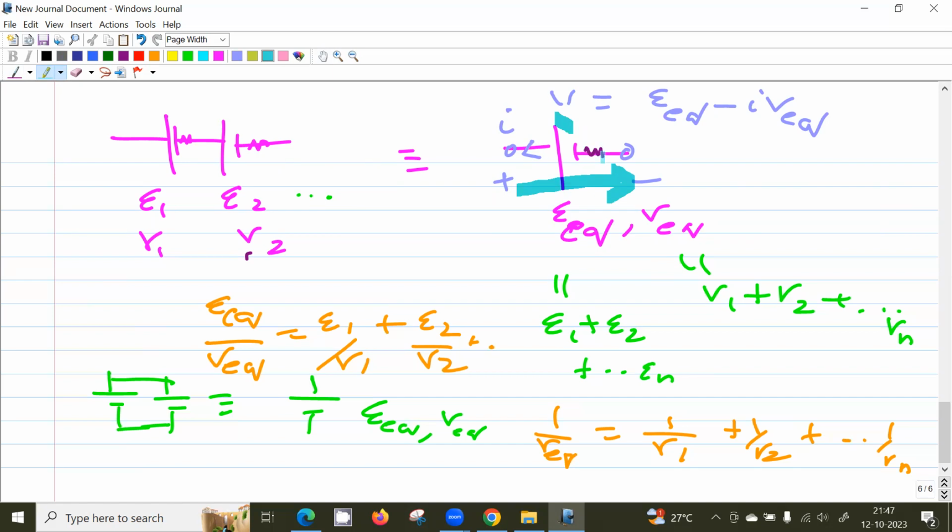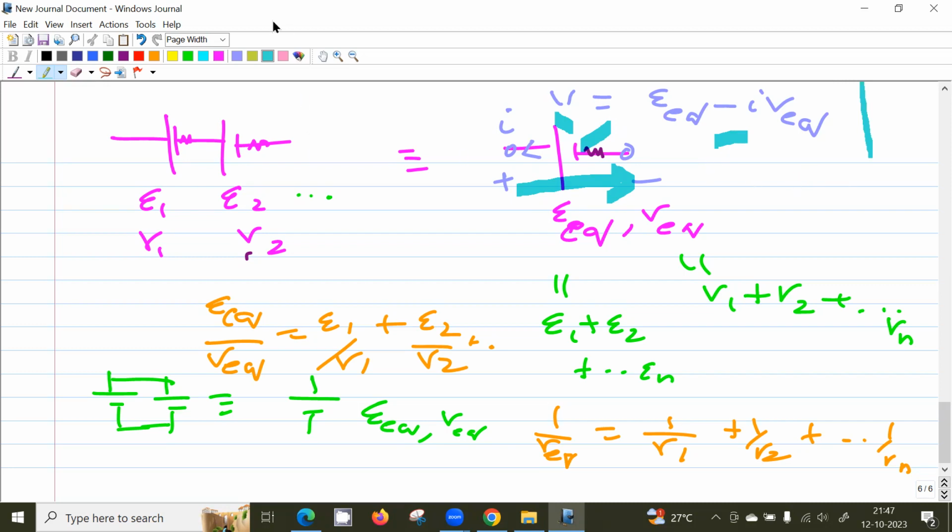So along a resistor, if I move against the direction of current, there will be a voltage rise. So I put a minus sign there because V is dropped from left to right, from plus to minus. There is a drop of V across the cell, but here there is a voltage rise because we are going against the direction of current, so it will become minus. So this is the basic relation.